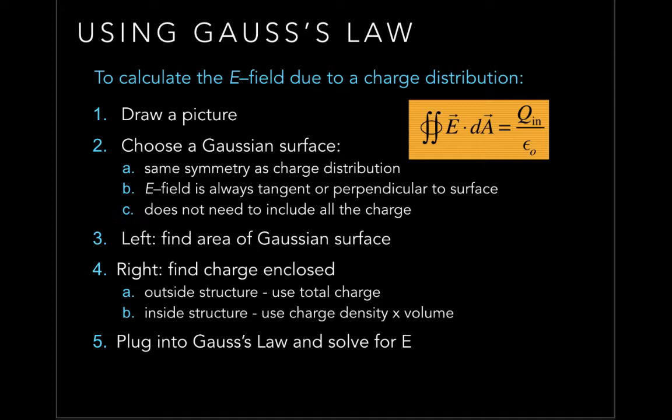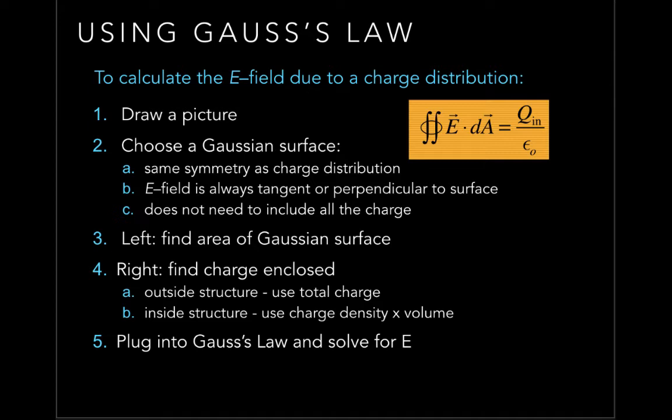Perpendicular, assuming you can't just make the dot product 0. Electric field has to come out of the integral. What does something have to be to come out of the integral? Constant. Remember, if these vectors are parallel, you need the electric field to be constant.